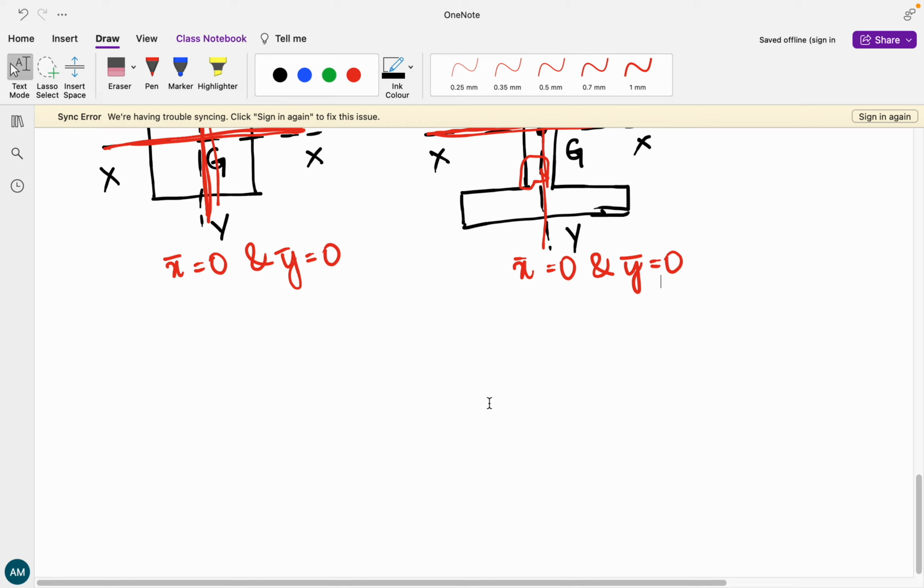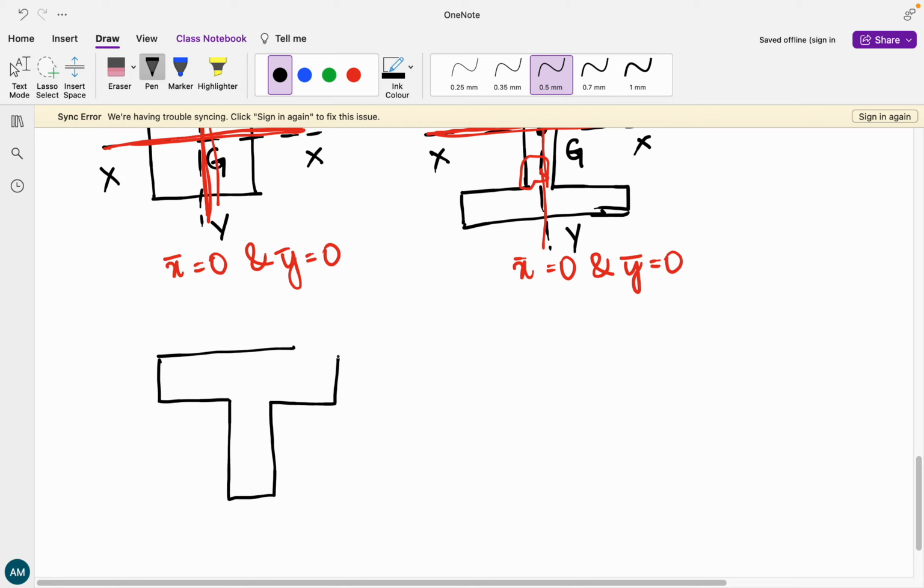Now, let us consider an object which is symmetrical about just one particular axis. Say, for example, I am going to consider a plane figure of the shape T. If I consider this plane figure, I have the x axis like this.